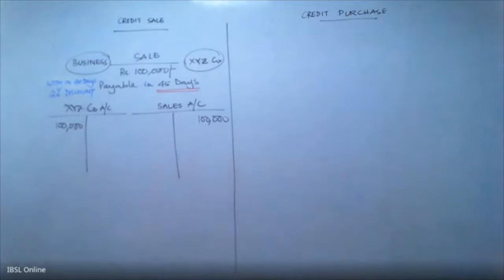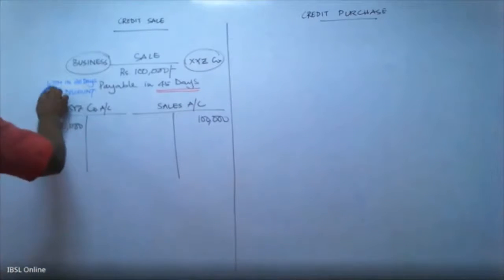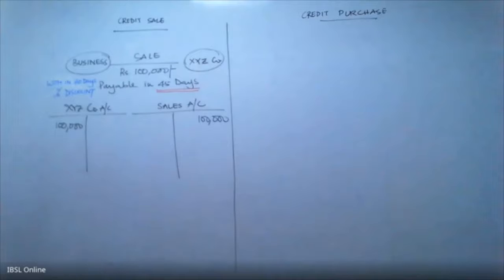Now, what does this mean? 2% seems to be very low. Let's make it 5%.